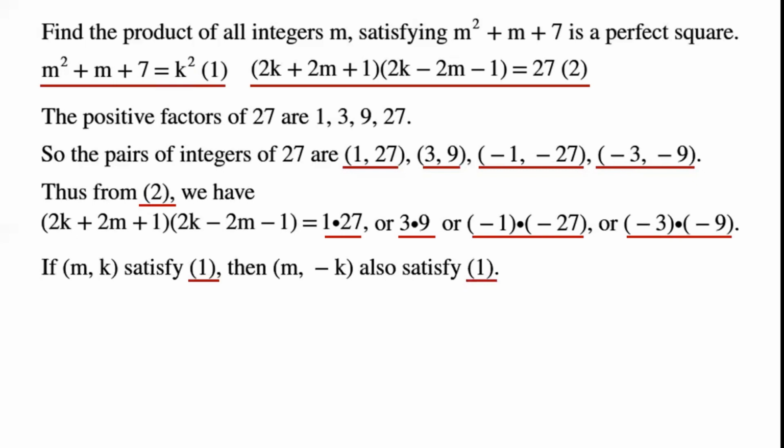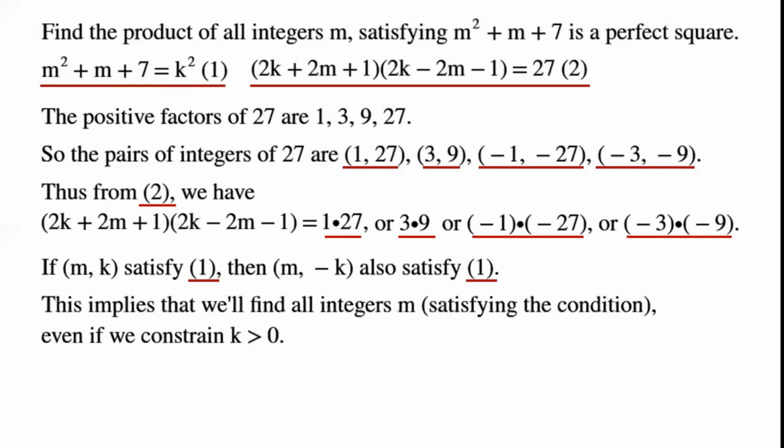If m, k satisfy equation 1, then m, minus k also satisfy equation 1. This implies that we will find all integers m satisfying the condition even if we constrain k to be greater than 0.